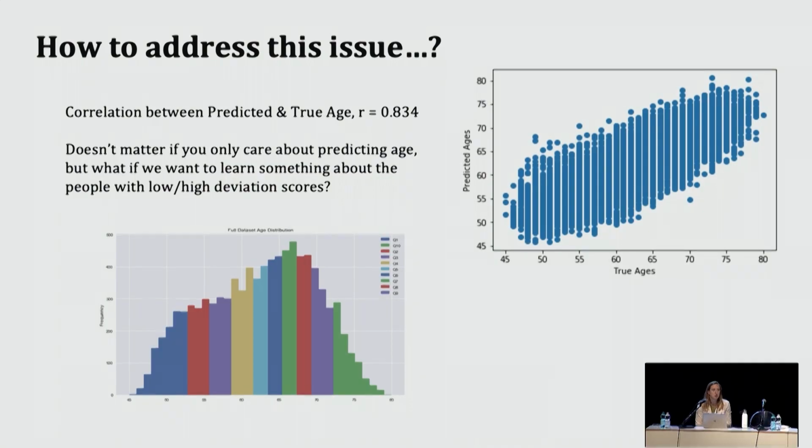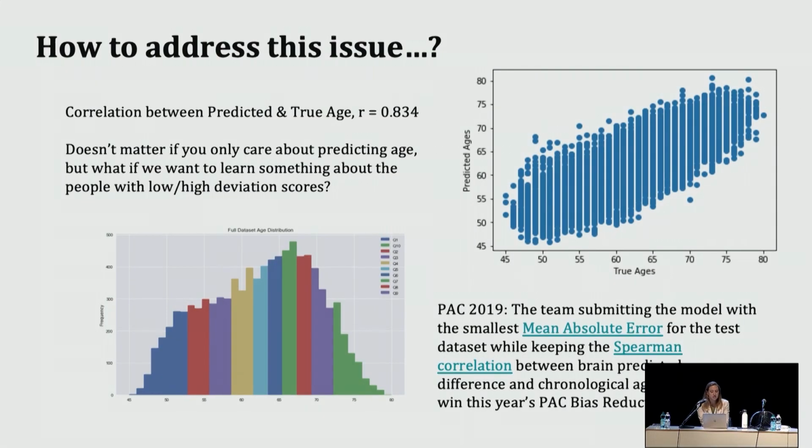Something I've been doing in post-processing is forcing our sample into quantiles or deciles, to force there to be no correlation between predicted age or deviation score and age, but I think that's not an ideal solution, and I'm actively thinking about how we could include this in our model. I was very excited to see that there's actually a machine learning challenge this year.